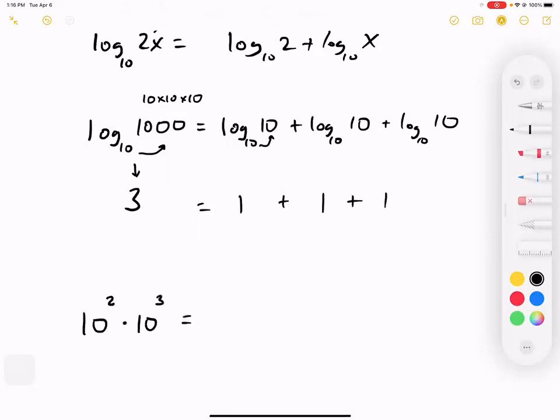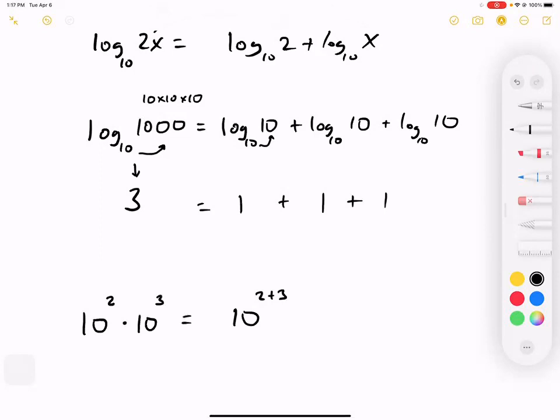If I'm multiplying powers, what am I doing to the exponents? We are adding exponents. If you remember this rule about adding and multiplying exponents, if I'm multiplying powers, I add the exponents. This is the product of powers rule.